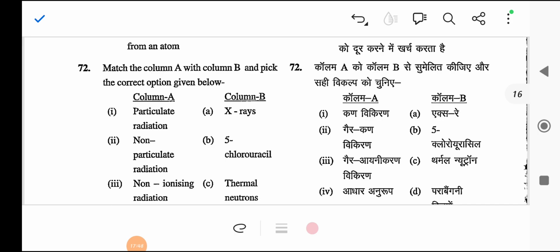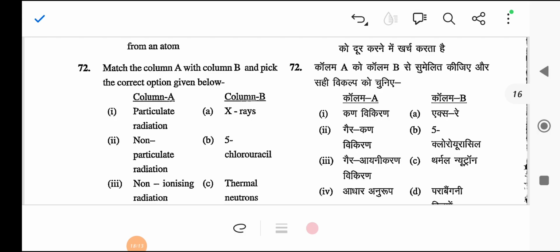Next is, match column A with column B and pick the correct option given below. Particulate radiation is thermal neutron. Non-particulate radiation is X-ray.